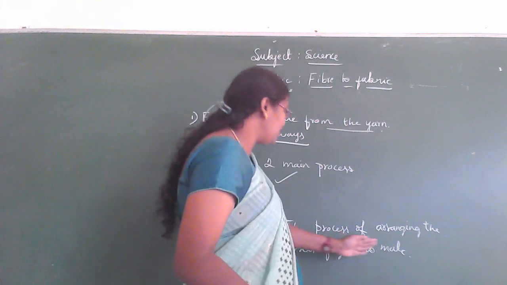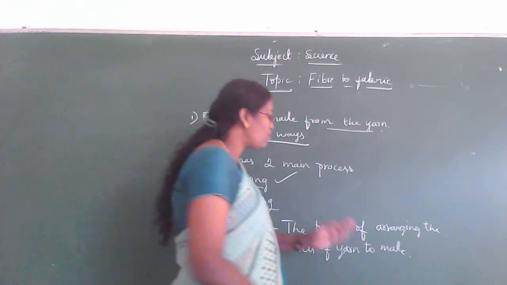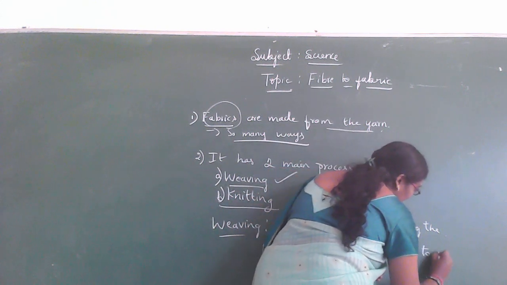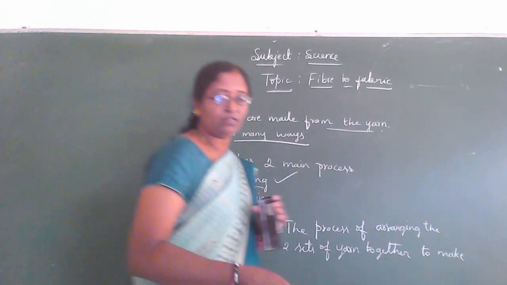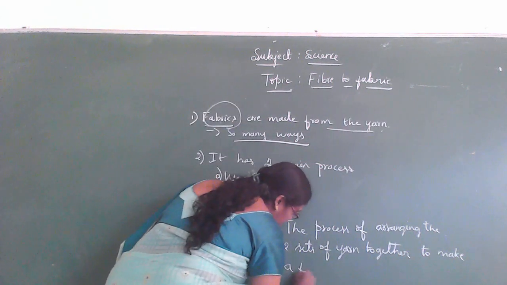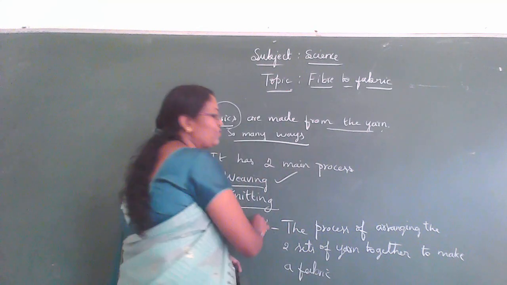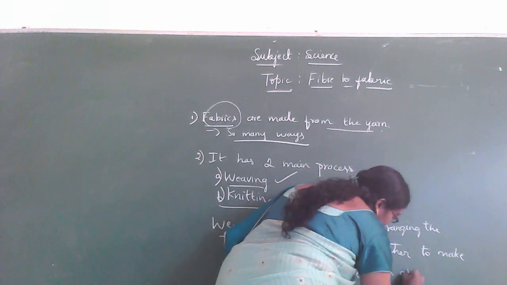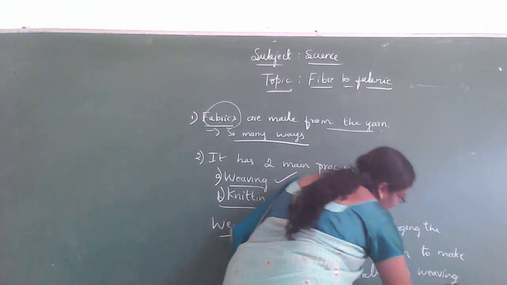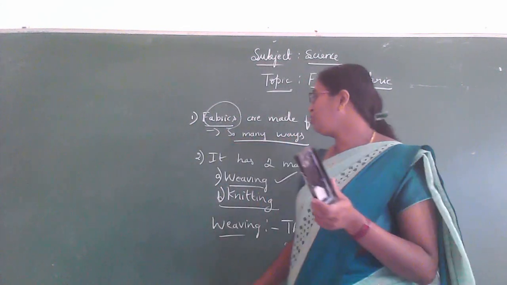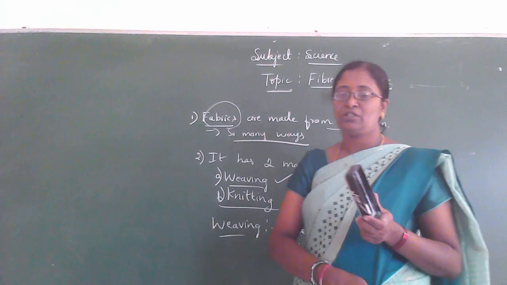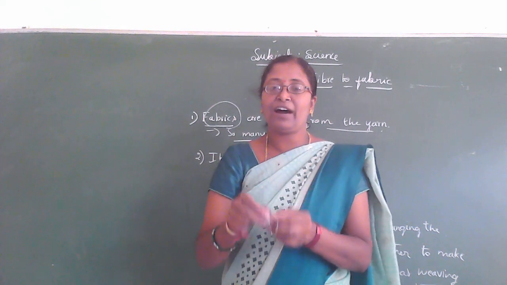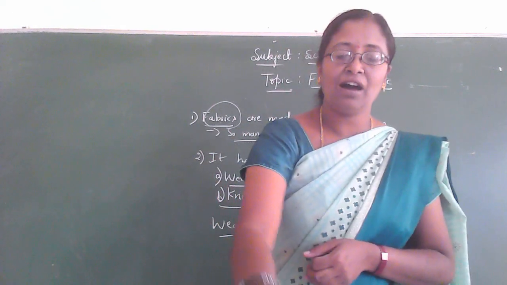So the process of arranging the two sets of yarn together to make the fabric, the cloth, this process we call weaving. Okay. So I told about the one process. We need to take two sets of the threads and it should be arranged together to make the cloths.